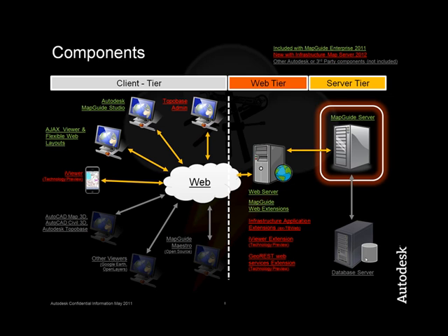At the web tier, besides the MapGuide Web Extension, there are also other extension components, such as the Infrastructure Application Extension, iViewer Extension, and the GeoREST Web Service Extension. MapGuide Server is the one handling all geometry processing. It is on the server side.